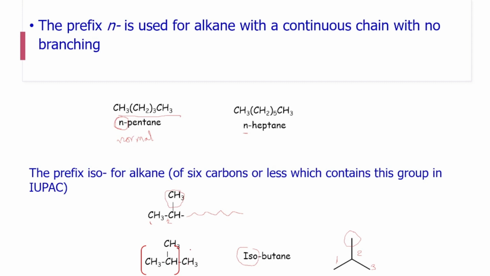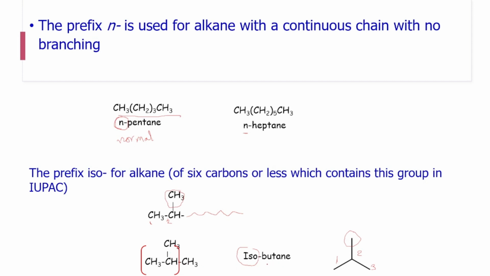Also, in the common names, remember to count all the carbons in the compound, not only the carbons that are in the chain. For example, here, as a total, I have 4 carbons. So this is a butane. But what type of butane?